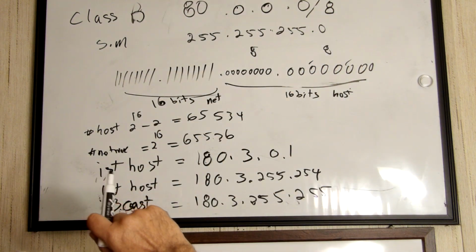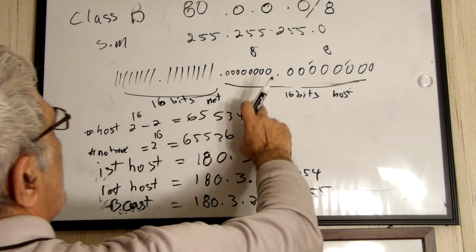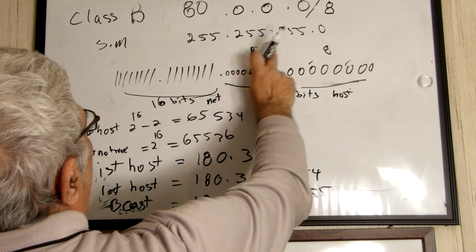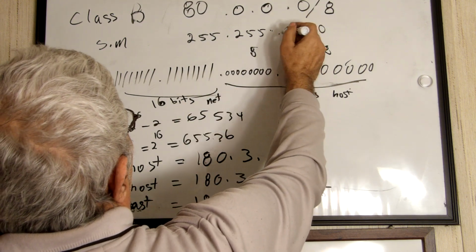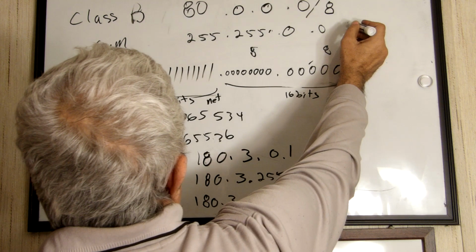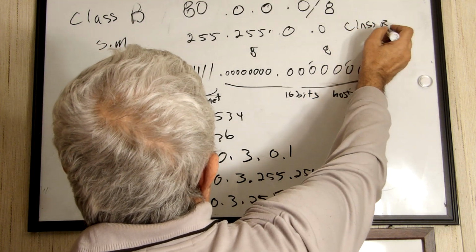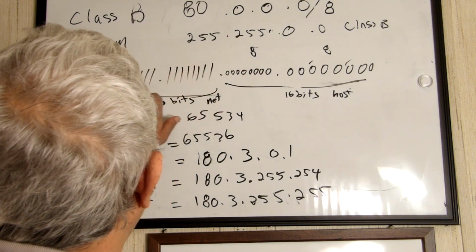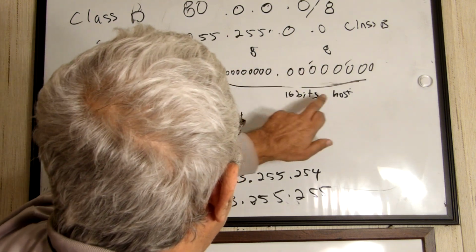The subnet mask for the last one, for Class B, was 255.255.0.0.